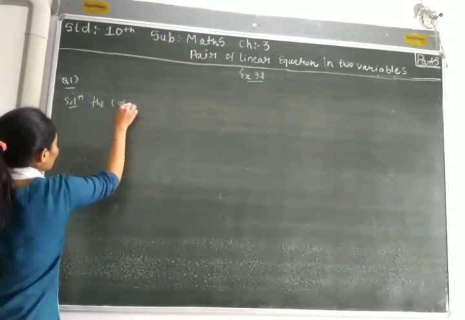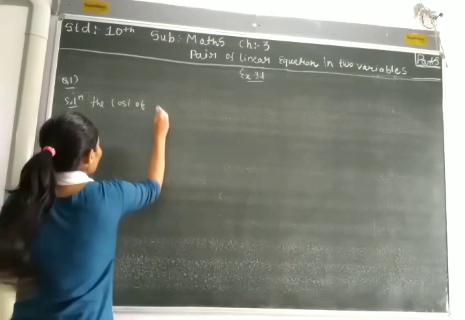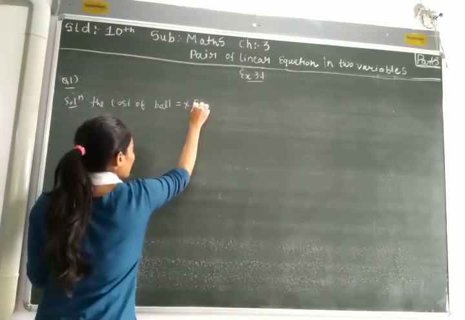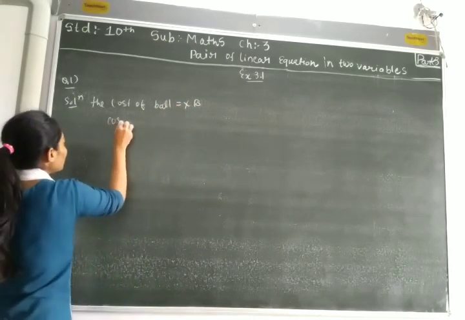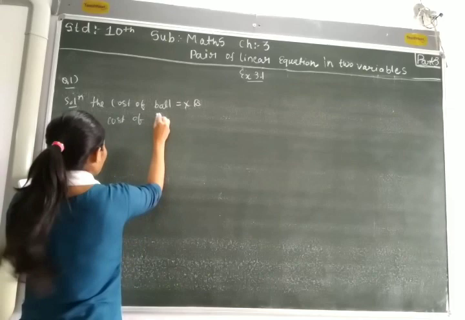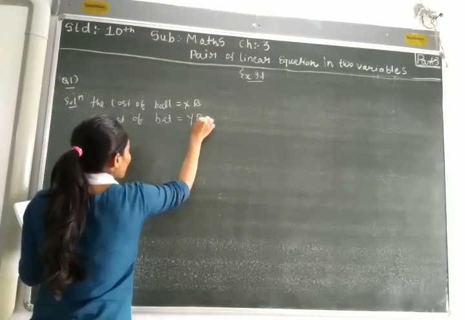The cost of a ball equals x rupees and the cost of a bat equals y rupees.